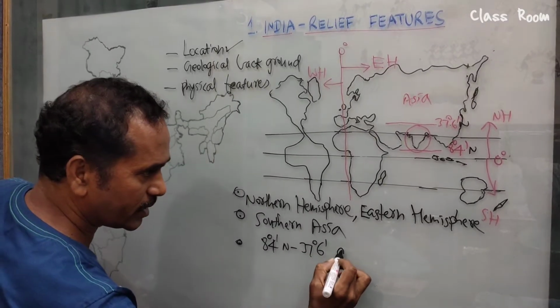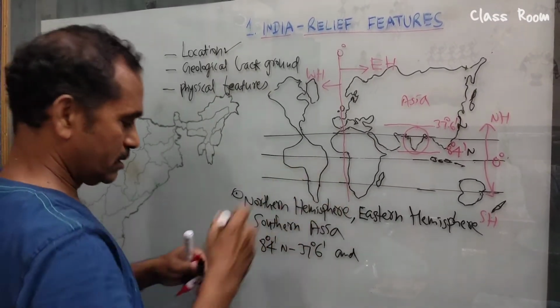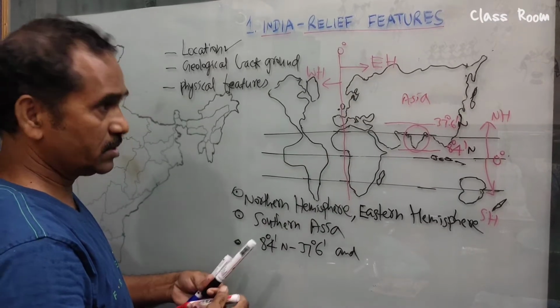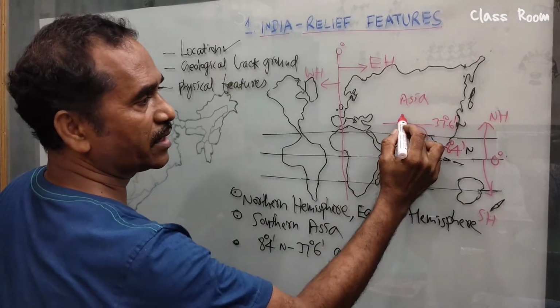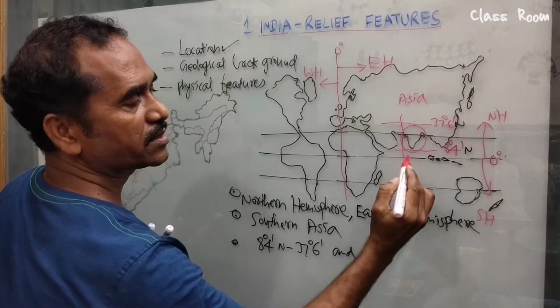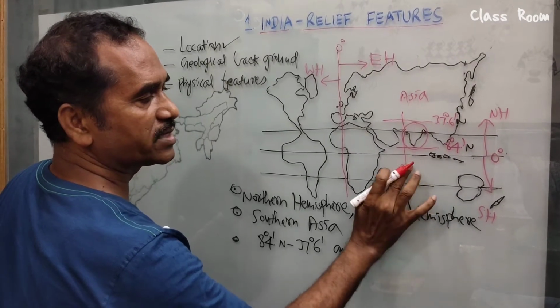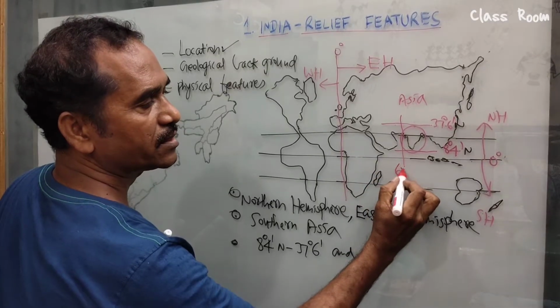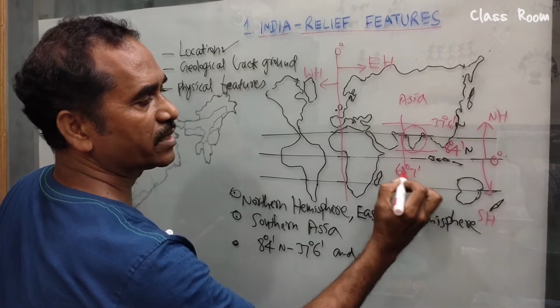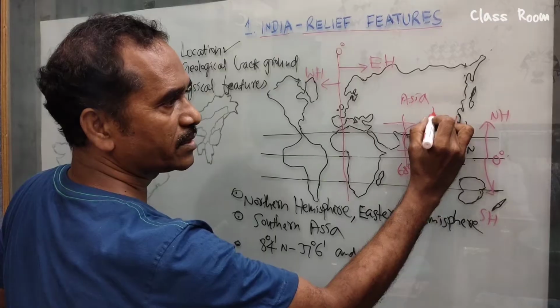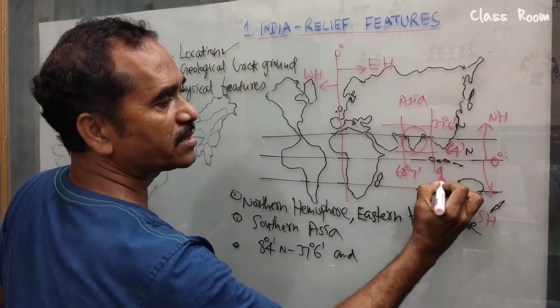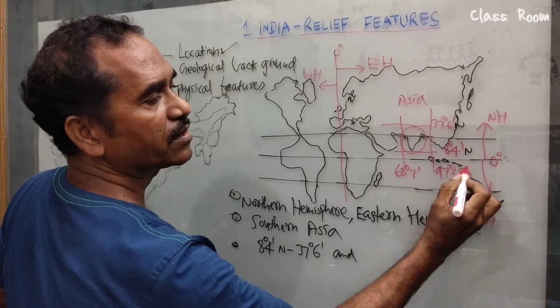And according to longitudes, let's see longitudes. This longitude value is 68 degrees 7 minutes to here this side, here 97 degrees 25 minutes.